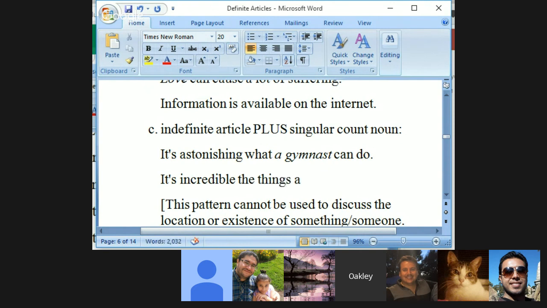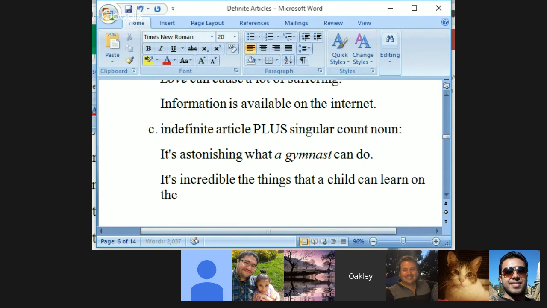A child? The things that a child. That here is kind of optional, but yes, that's fine. Can learn on the internet. Got it. Okay. Great.